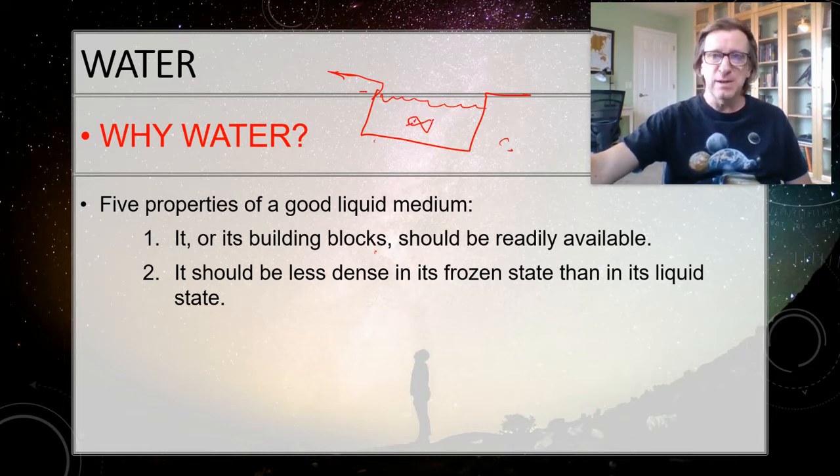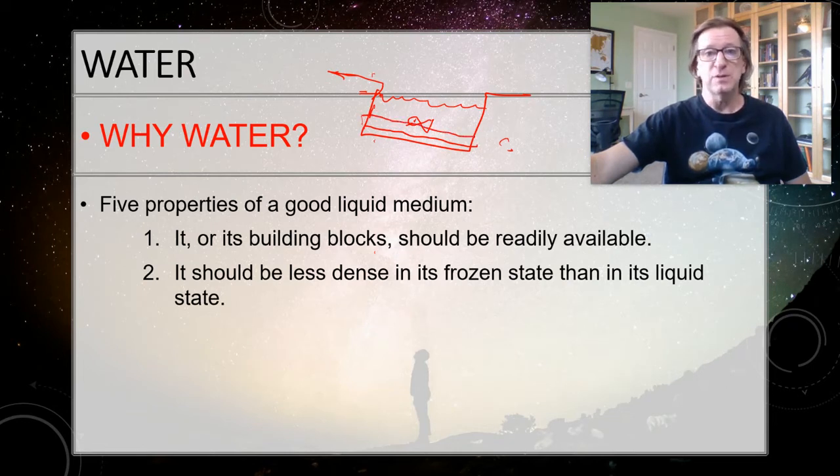Well, the first time they get a cold snap and that water starts to freeze, if that water is more dense when it's frozen, when it's a solid, than it is when it's a liquid, then that water, or whatever it is, that liquid medium, is going to sink to the bottom. Well, then the remaining liquid is still exposed to the cold. And so the next layer is going to sink to the bottom.